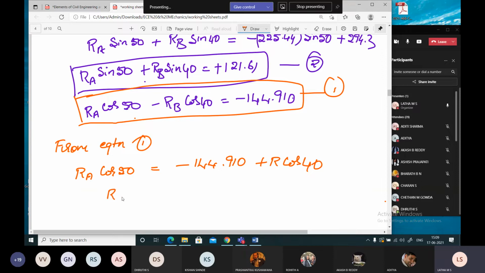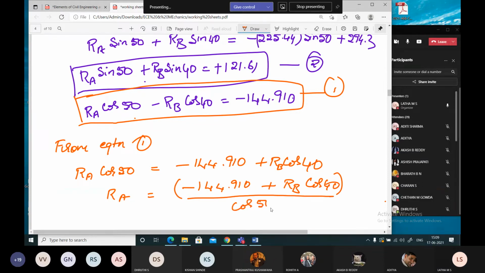So RA is equal to minus 144.910 plus RB cos 40, divided by cos 50.